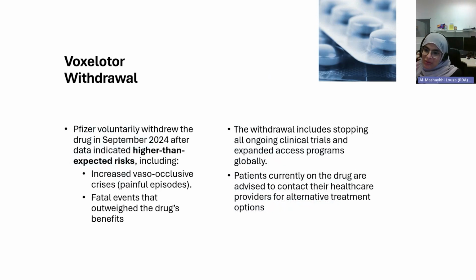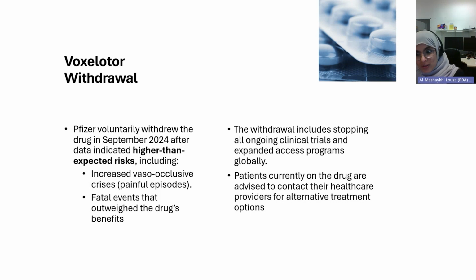And we have also voxelotor, but unfortunately, voxelotor was withdrawn voluntarily by Pfizer in September 2024, after data indicated higher than expected risk, including increased vaso-occlusive crisis. We have a few patients who said the vaso-occlusive crisis, if this doesn't change the frequency, in terms of severity of the crisis itself, is really severe.